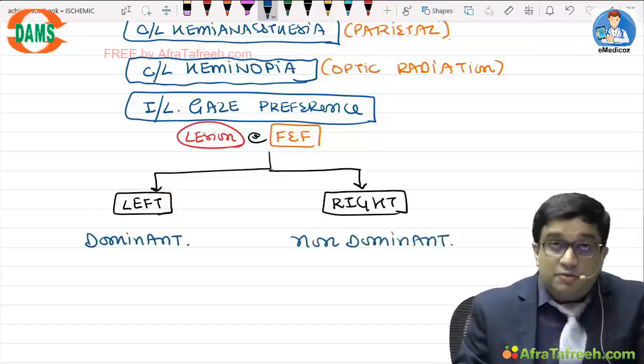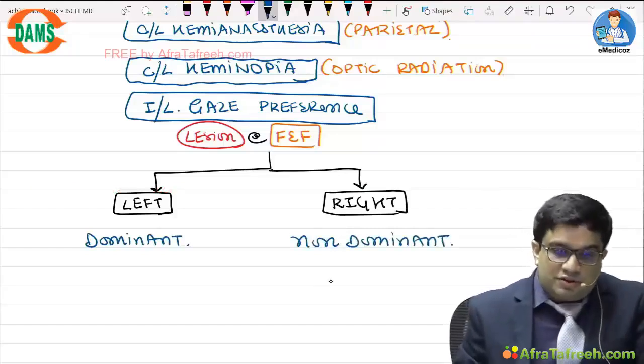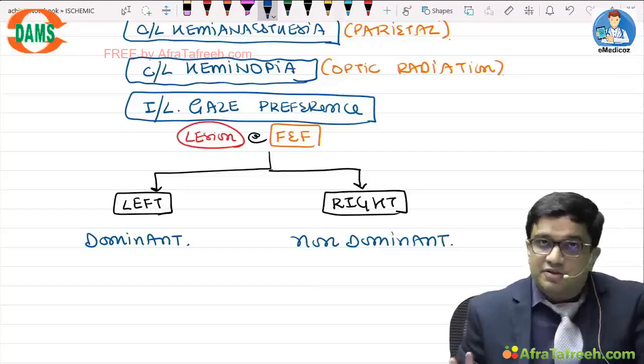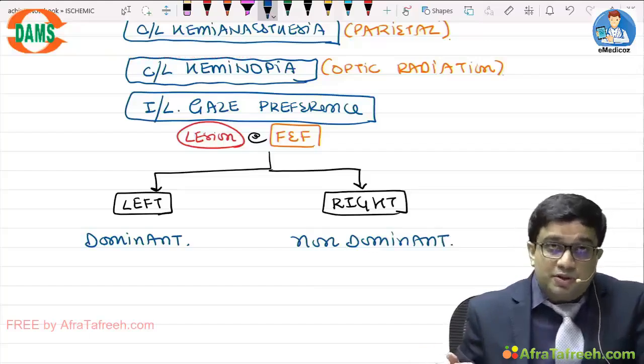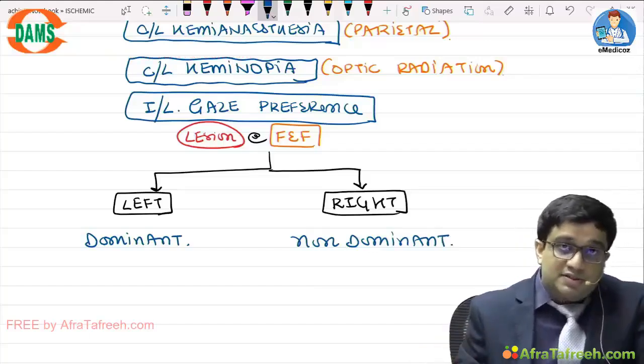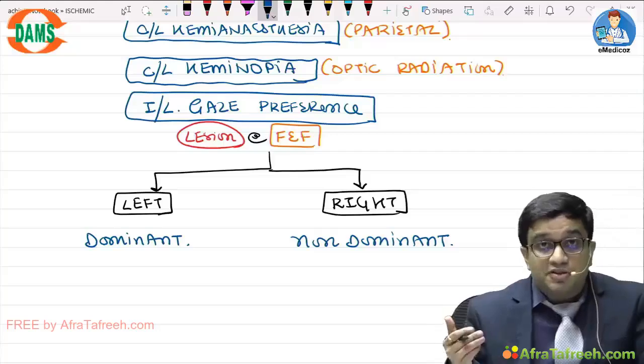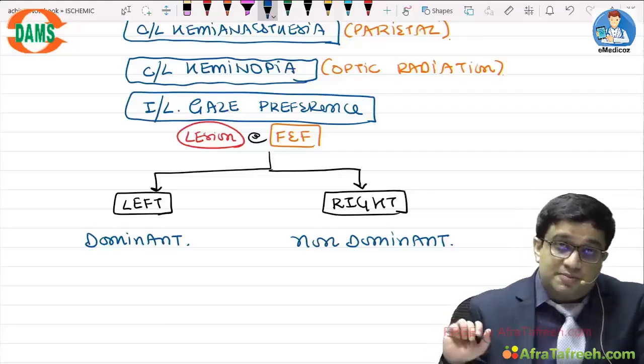If the dominant side is involved, we are going to have aphasia. That's very clear because Wernicke's and Broca's areas are sitting over there. So Wernicke's and Broca's both will be gone. I'll explain this concept. Why? Because the superior division supplies Broca's, the inferior division supplies Wernicke's.